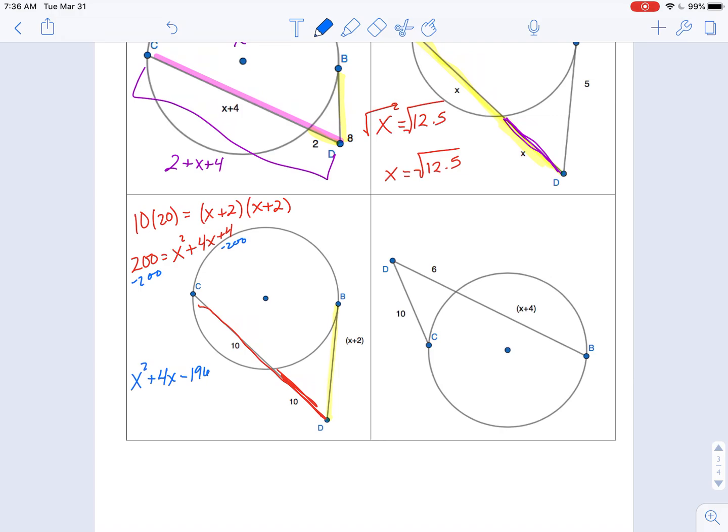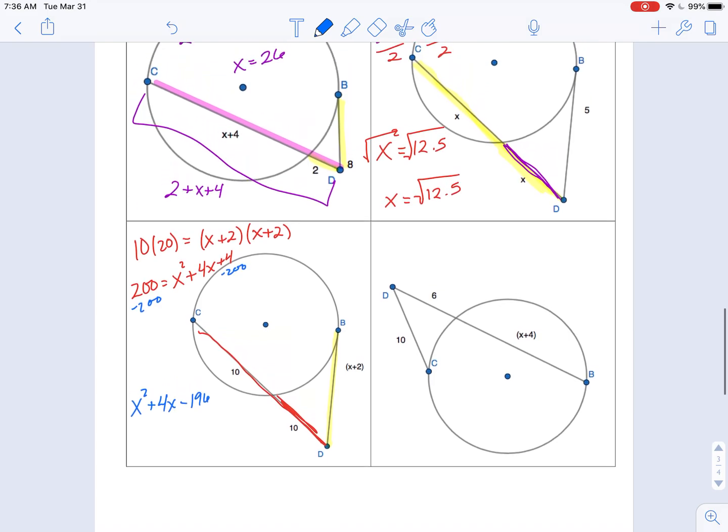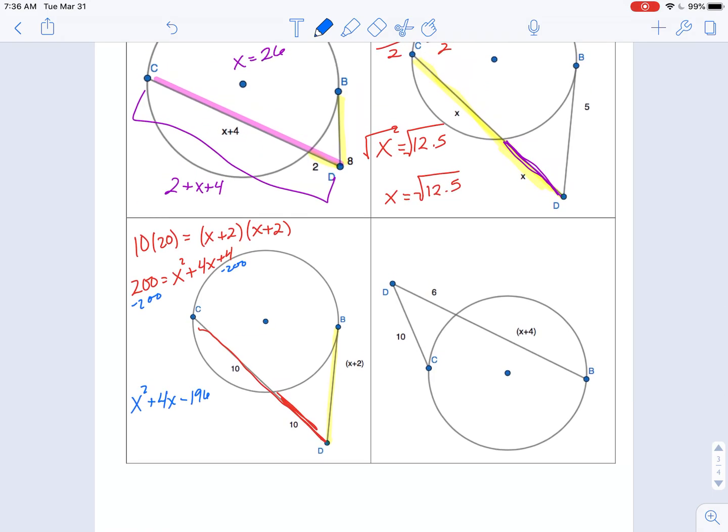Just going to work this out really quickly. Well, you know what? Let's just leave it at that for now. My phone just died. That was my calculator.